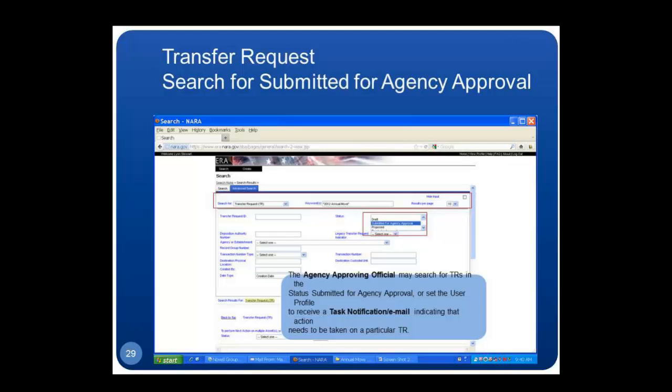The high volume may result in system notifications automatically generated by email, which may actually flood your inbox. So that's something to keep in mind and consider case by case. A system-generated notification can be a great resource, a great benefit for your agency. It may also be something that you would elect to turn off. It really depends on your internal records management structure, and it would depend on the agency.